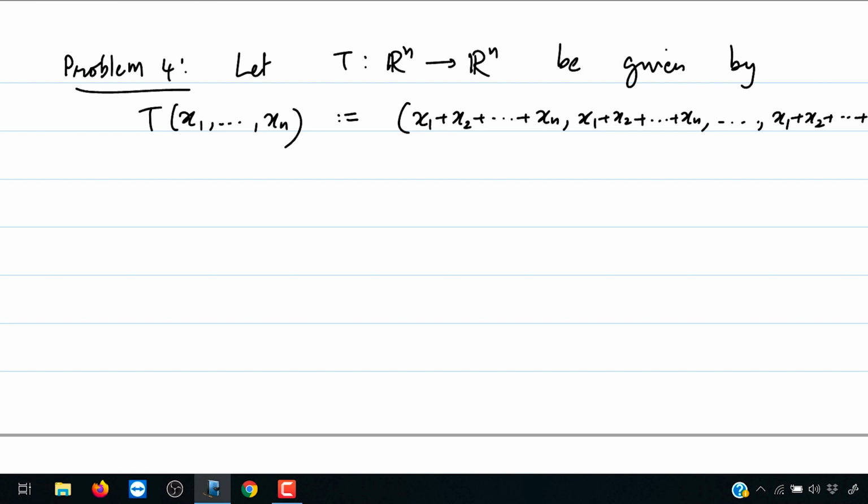So we have a T which maps to a vector where every coordinate is the same, which is basically the sum of the xi's.